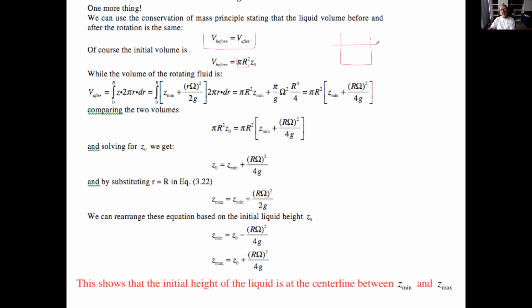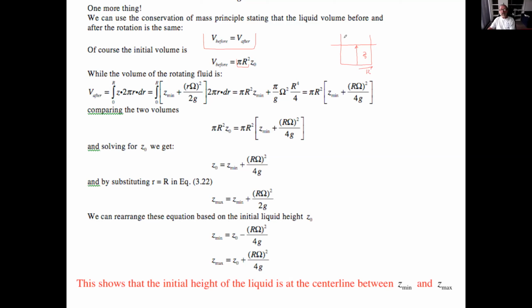There's some height here, initial height. We call that one Z0. And the volume, of course, is the base times the height, where the base is pi R squared. This is capital R. And that's the volume, no rocket science here.